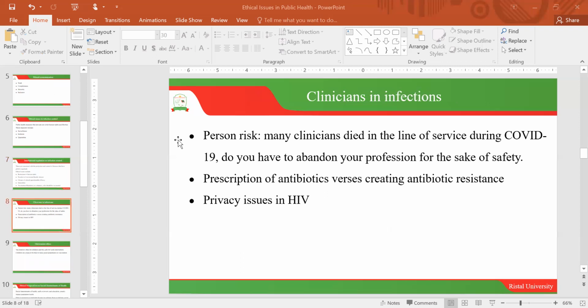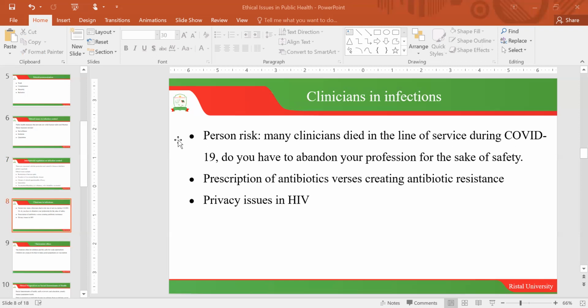The next thing that happened during COVID-19 is, if you are a doctor or a frontline health worker serving during COVID-19, are you willing to put yourself at risk and contract COVID-19 and possibly die, or would you rather leave the profession?